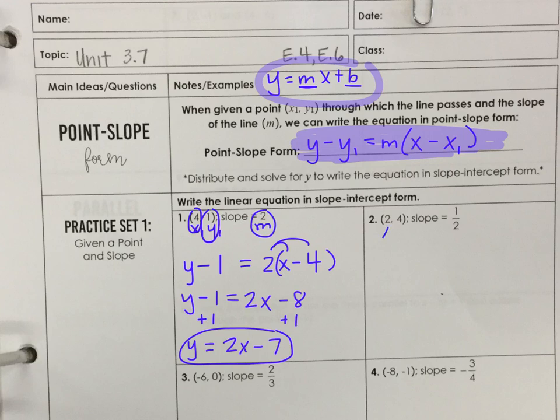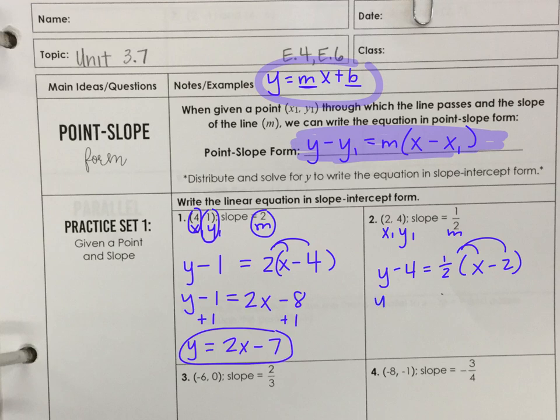Let's do the same thing for number 2. Oops, sorry, that's y1. All right, so y minus y1, which is a 4, equals our m, which is 1/2, times (x minus 2).